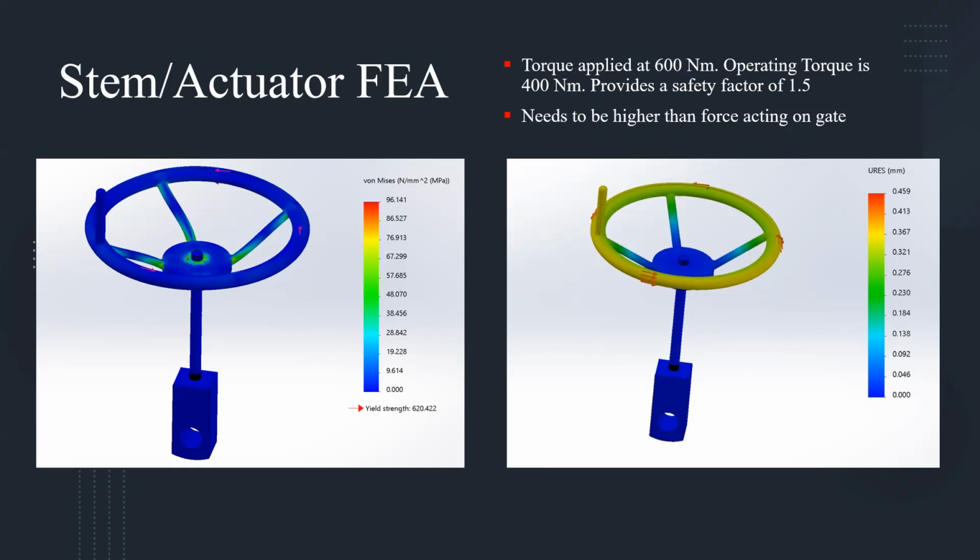There is no minimum deflection. The maximum von Mises stress is equal to 96 megapascals, and the minimum is 0 megapascals. The yield strength of the material for the stem and actuator is 620 megapascals.